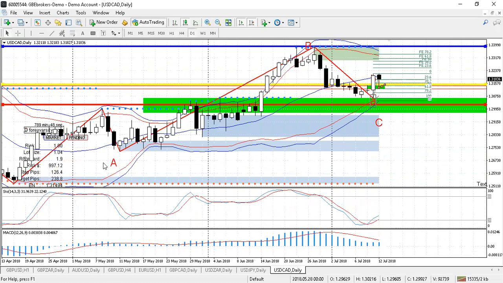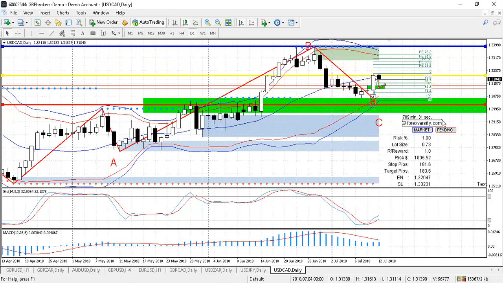So I'm doing an A, B, C on a daily, looking to trade up to the B. But if you remember, when I did it initially, if you're entering in at just looking at the daily chart, it's going to give you a 1-to-1 risk-reward ratio.